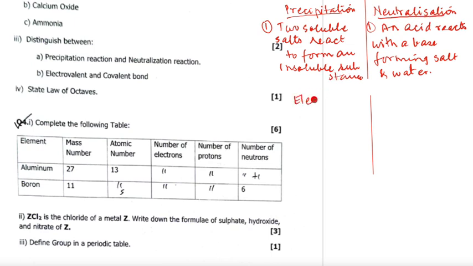We have the next one, which is this is your A, this is your B: electrovalent and covalent bond.